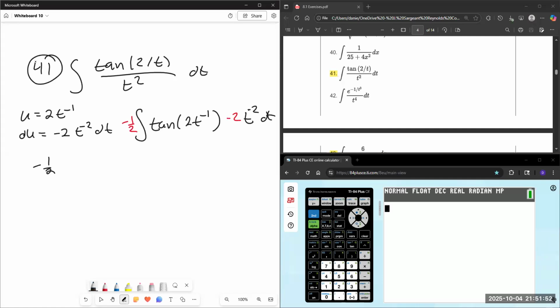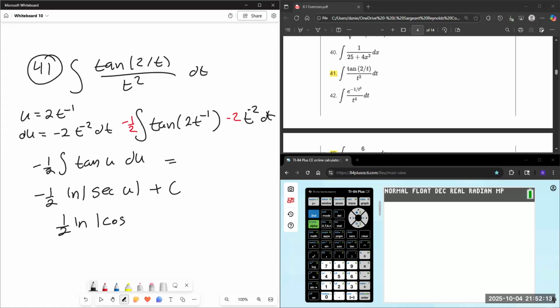Integral of tan u du is equal to a -1/2 ln of the absolute value of secant of u plus c, or 1/2 ln of the absolute value of cosine of u plus c, just bringing that negative up in there and taking the reciprocal, 1/2 ln of the absolute value of cosine of 2 over t plus c.